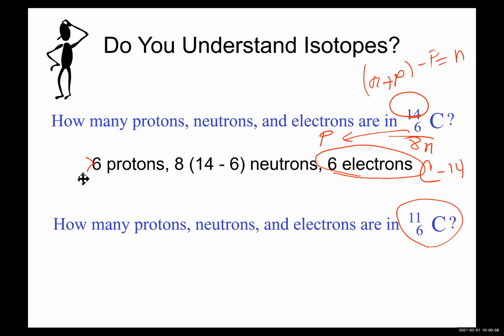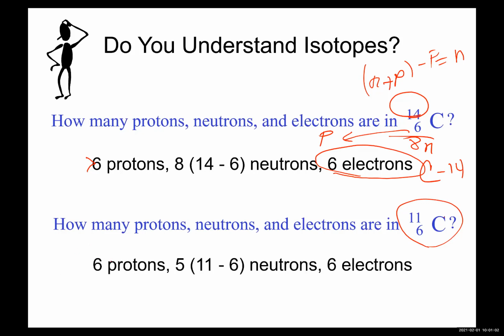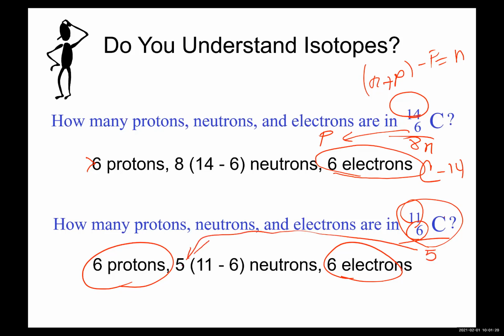Thank you. Good job. 6 protons, 6 electrons, and for the number of neutrons, the difference between mass number and atomic number is 5. So 5 neutrons.